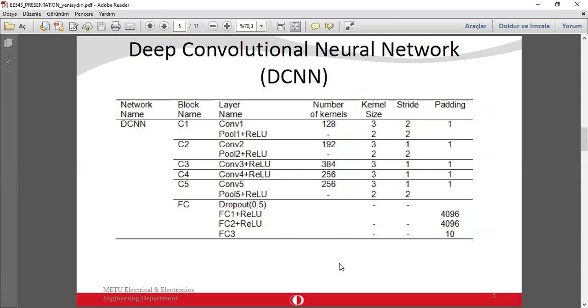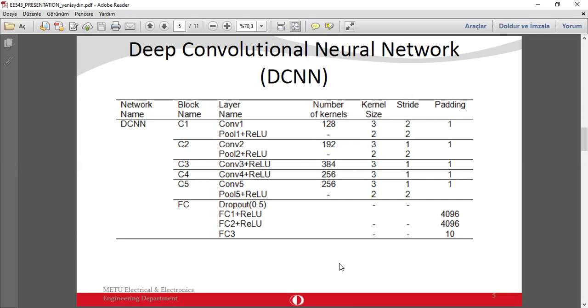In each of the convolutional layers, a 3 by 3 kernel size is utilized with appropriate depth size. Also, in the first, second, and 5th convolutional layers, the max pooling operation is performed to decrease the image size and to get the abstraction of the image.